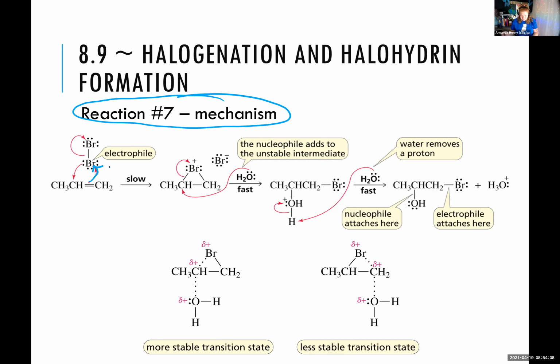So we do a nucleophilic attack. The other bromine's going to take off. So that bromine's a leaving group. Our first bromine, though, does still have a bunch of lone pairs on it, and it's still an electronegative atom. So it can also do a nucleophilic attack.